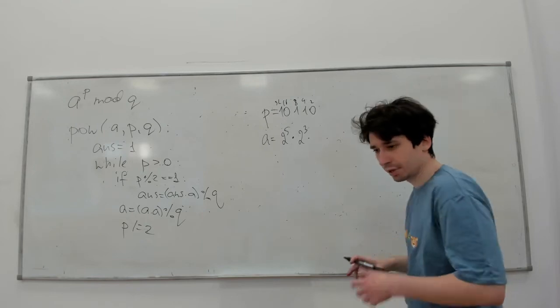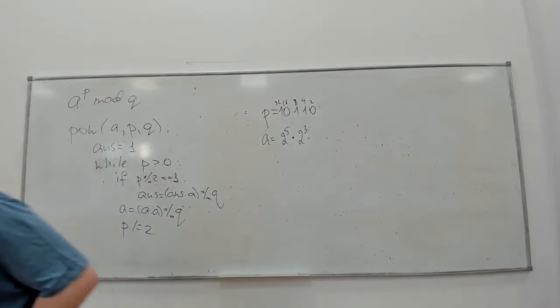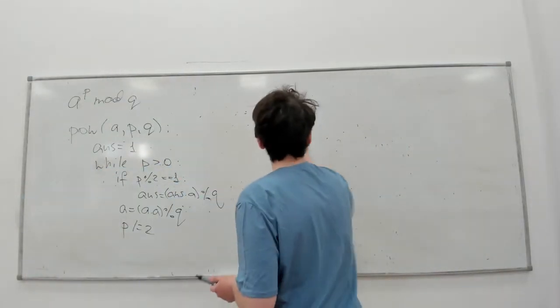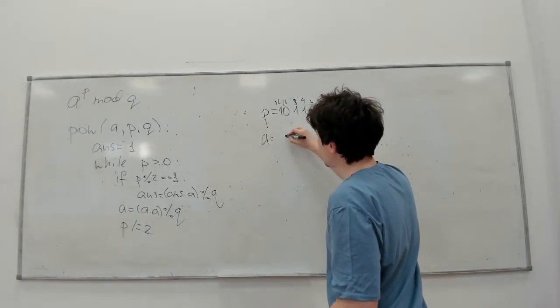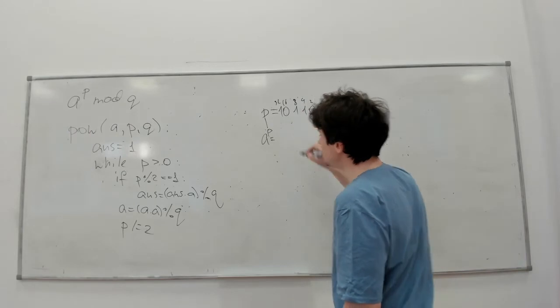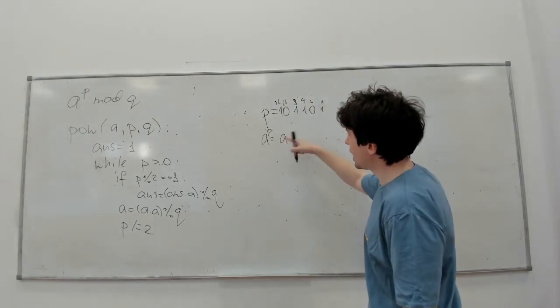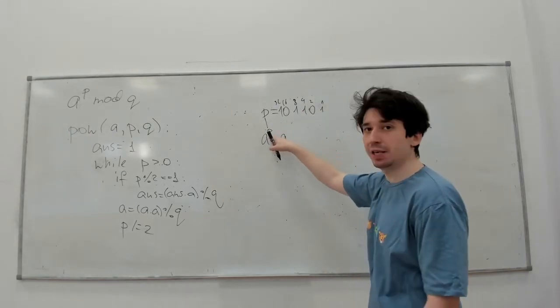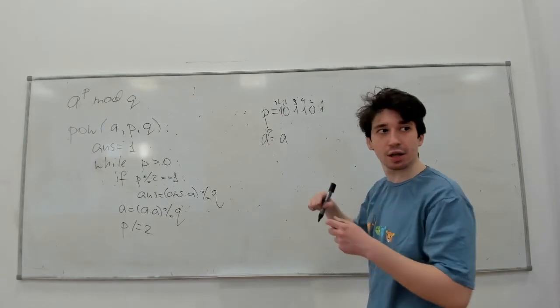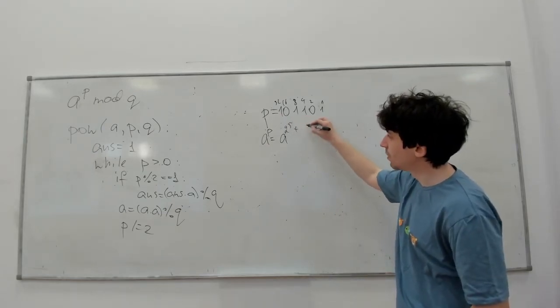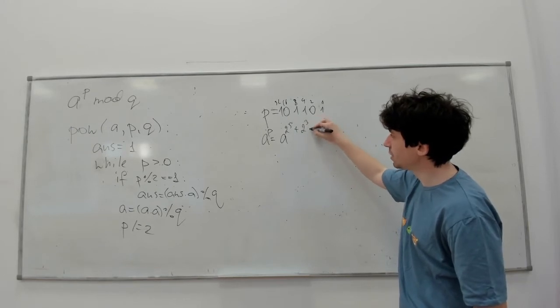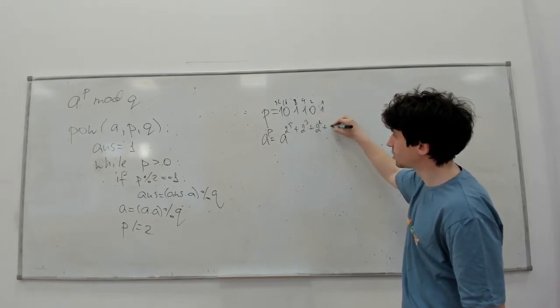Oh, sorry, I made a huge mistake. Here, so a to the power of p is equal to a to the sum of powers of 2, so it will be 2 to the power of 5 plus 2 to the power of 3 plus 2 to the power of 2 plus 2 to the power of 0.